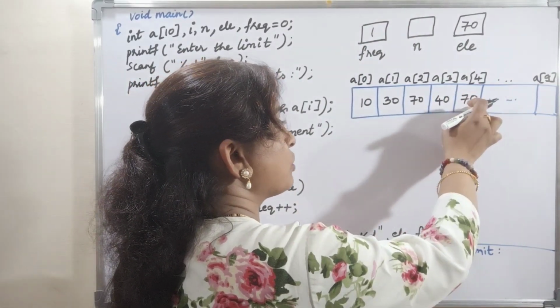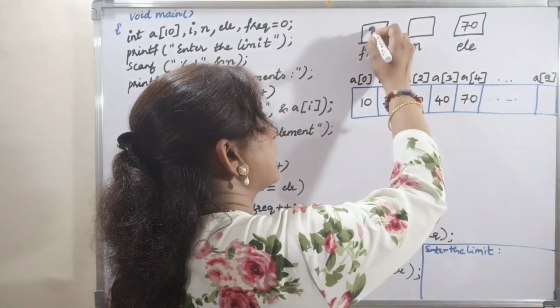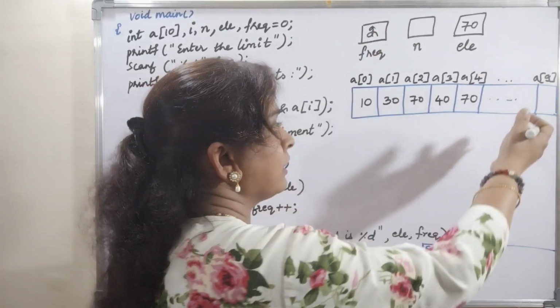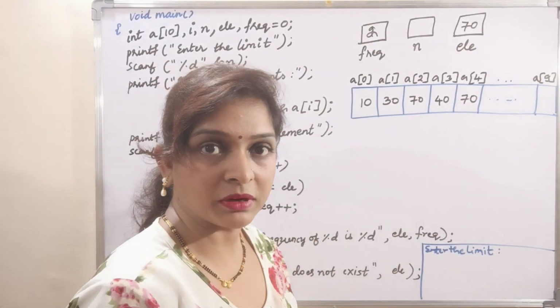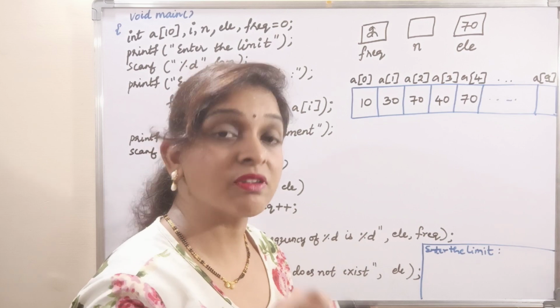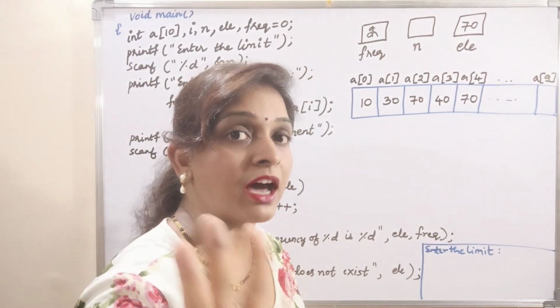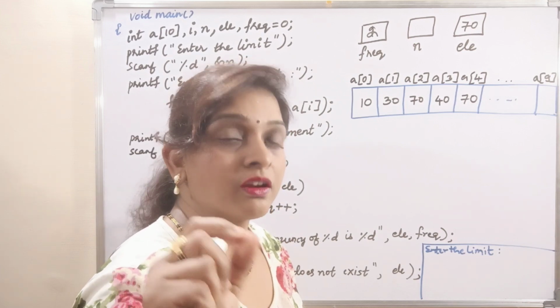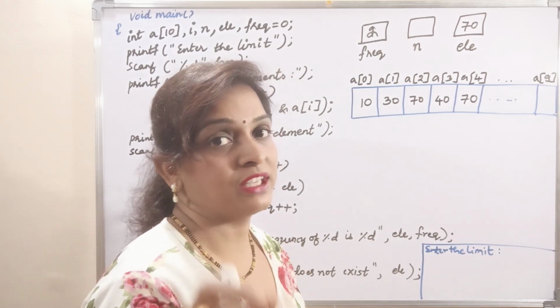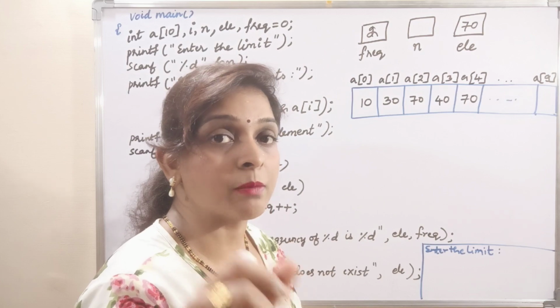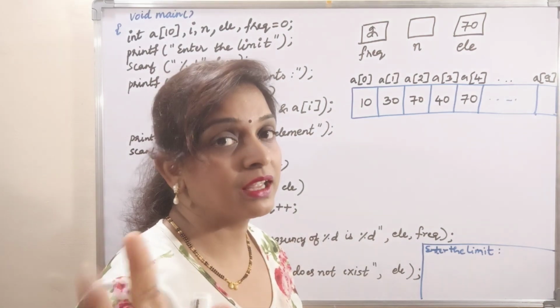No. Is 70 equal to 70? Yes. The frequency count gets increased to 2. Again, go to the next element. There are no elements, so the loop ends. It means we are done with the traversal. In that process of traversal, we found the frequency of the element. Frequency means the number of occurrences of a given element.